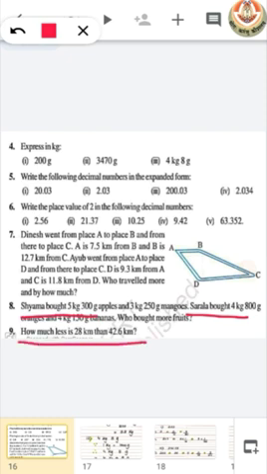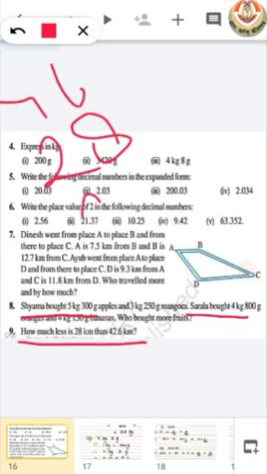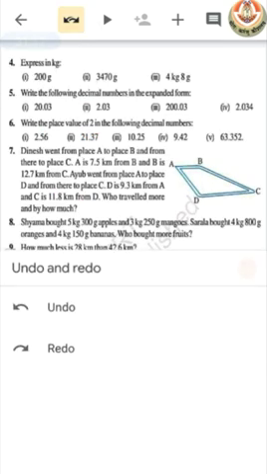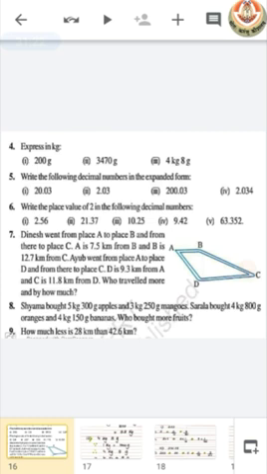Similarly, the 9th question is how much less is 28 than 46.6 kilometer. It means they are asking what is the difference between 46.6 kilometer and 28 kilometer. For this, we have to subtract both the numbers.